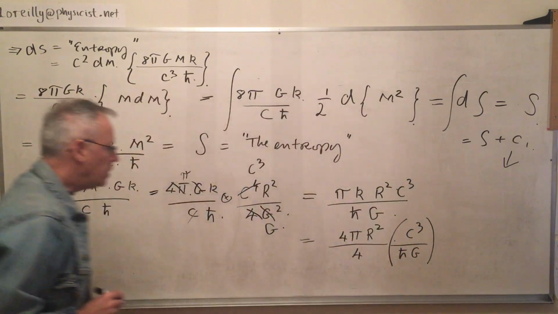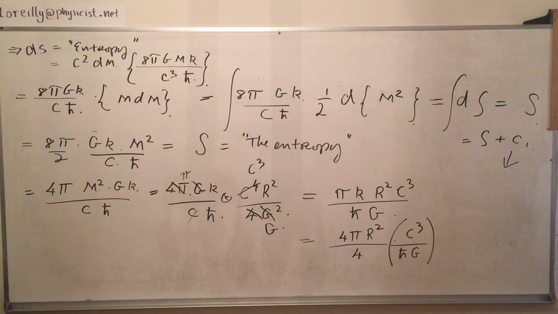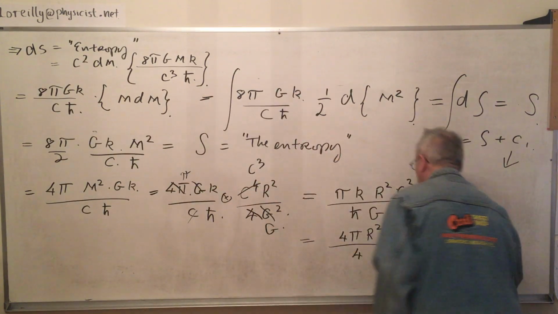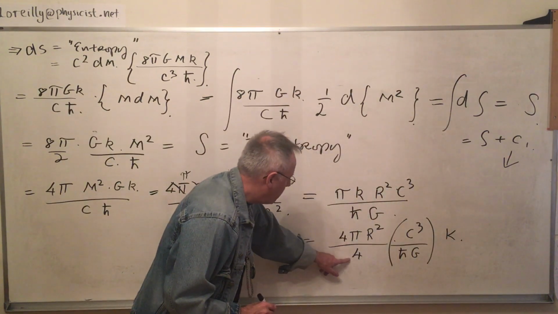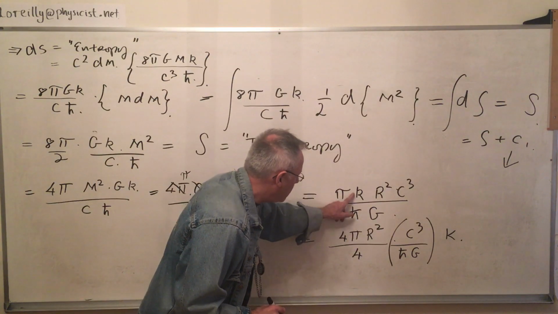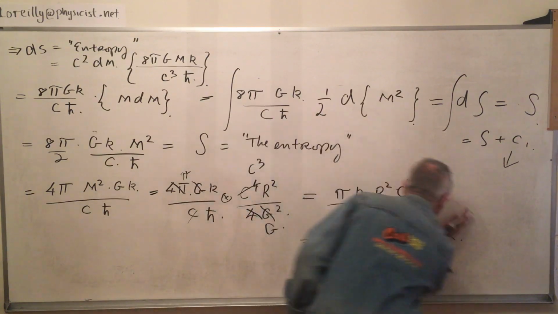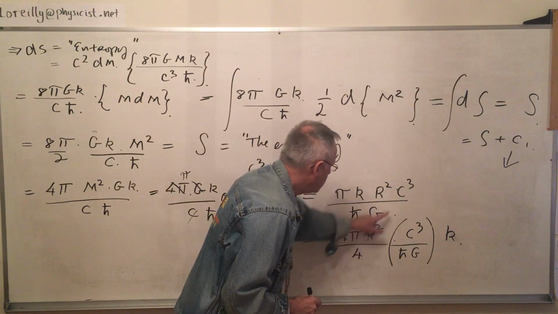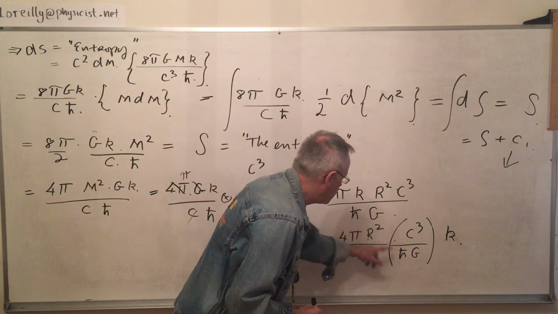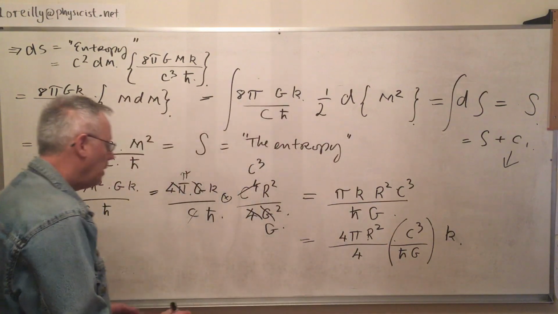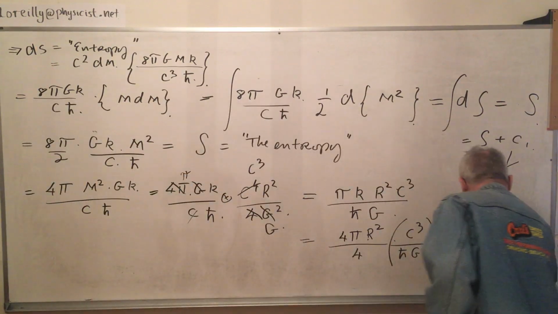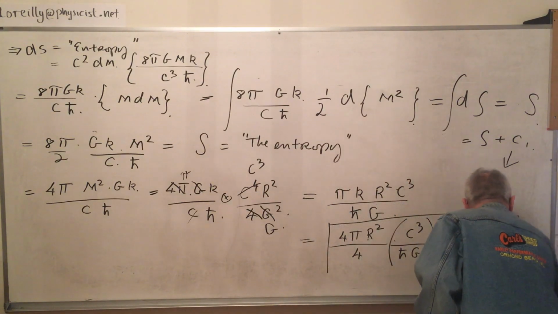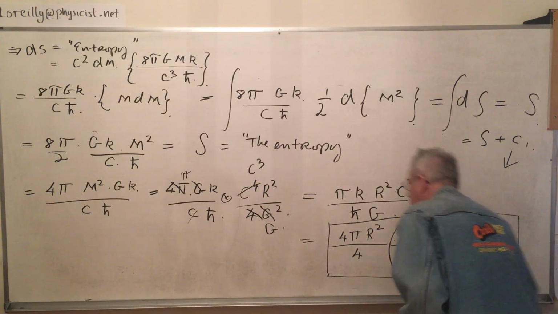Now, we're going to do some recalling. Where's my k? There's a k here. I multiplied and divided by 4. Okay, the k is here. It's Boltzmann's constant. 4 pi r squared, c cubed, h-bar G. I'm going to remind you guys, but just regard yourselves that this is an expression for the entropy of a black hole that we have derived successfully, as you will see.